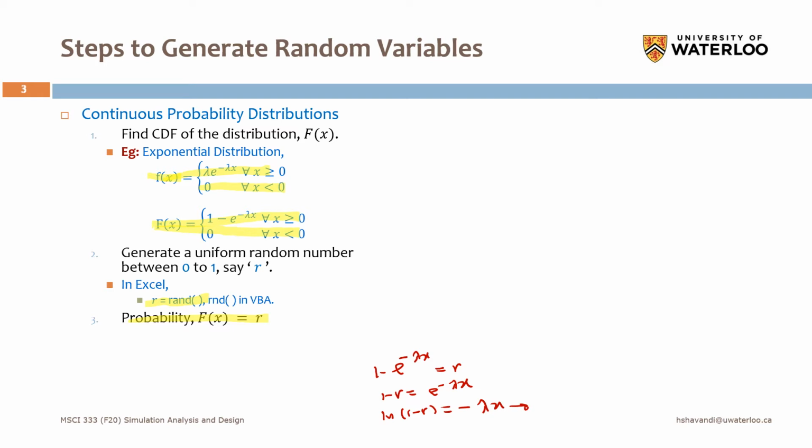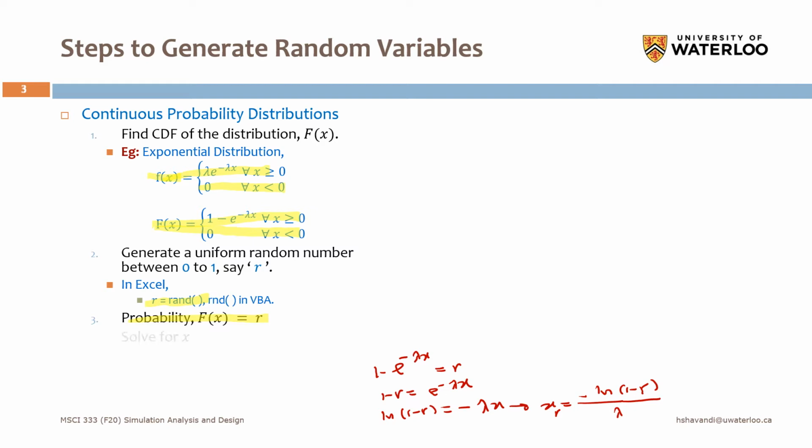Now we can obtain x as minus ln(1 minus r) over lambda. Here r is the random number. So any time in Excel we generate a random number, that will be r, and we put that r in this equation, and x will be obtained based on that r. We call this x_r, which is our random variable from the exponential distribution.